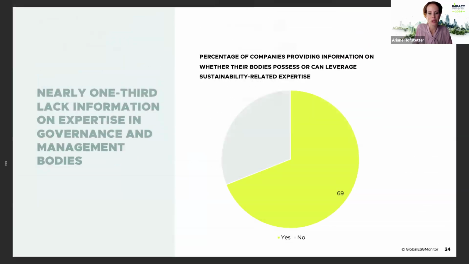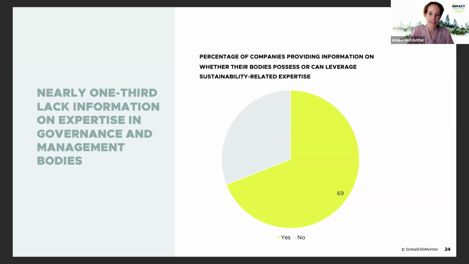The next I want to show is the percentage of companies whose boards possess or can leverage sustainability-related expertise. If you remember, governance should be connected to strategy and business model. It should be part of the due diligence process. And since this means that sustainability is brought into the company on a very broad level, we need to have expertise for those who decide or monitor this to clearly make good decisions.